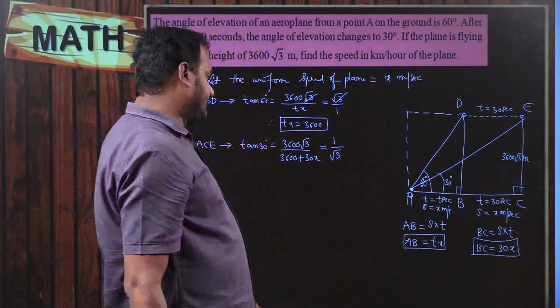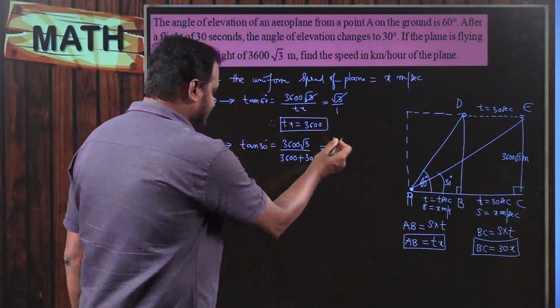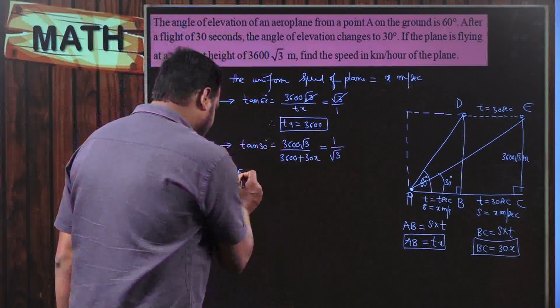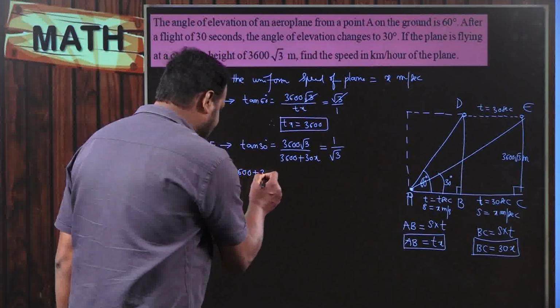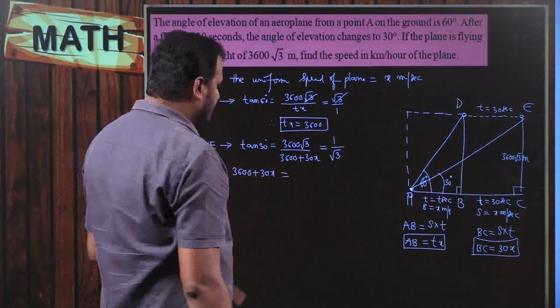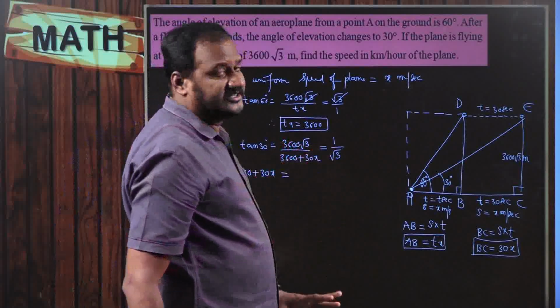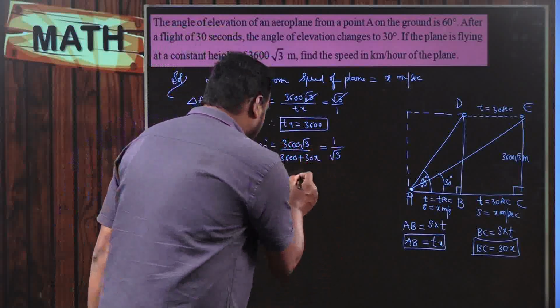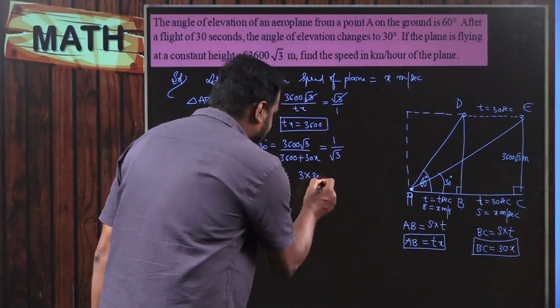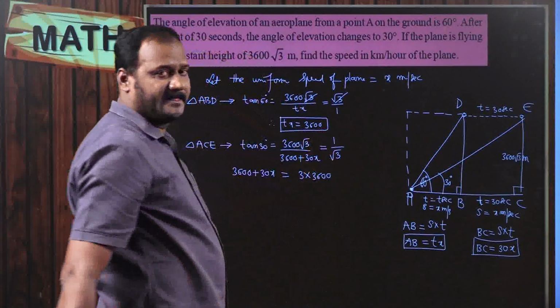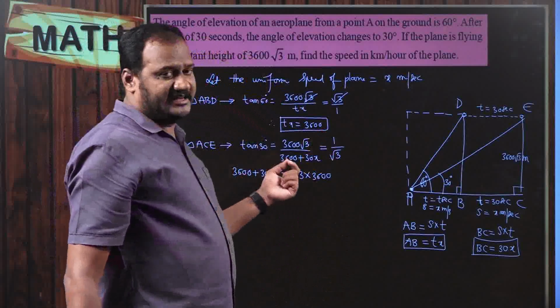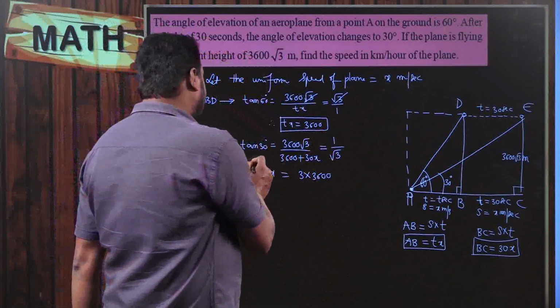When we cross multiply, 3600 plus 30x into 1 is 3600 plus 30x, equal to 3600 root 3 into root 3, which is 3. So it would be 3 times 3600. Got it? Now we want the value of x. So transpose 3600 to that side.